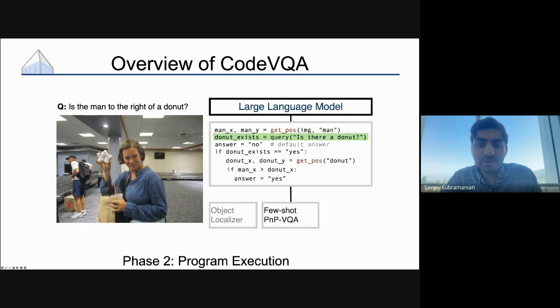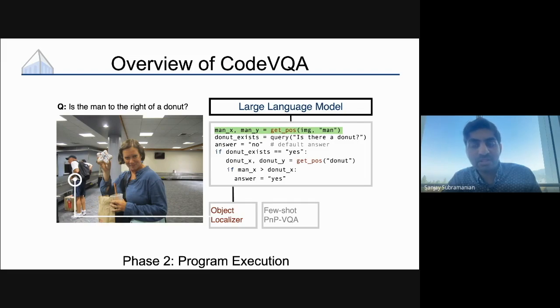Having generated this program, we execute it by calling these functions on the image. This simple VQA function is able to correctly answer this simple question, is there a donut, as we've already seen. And the answer to that triggers the if block. And then there's also an object localization component.